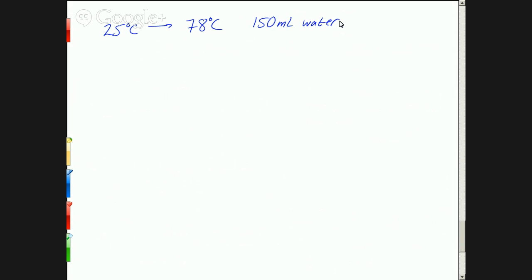So you have 150 milliliters of water that you heat from 25 degrees C, just above room temperature, up to 78 degrees C. How much energy is absorbed?